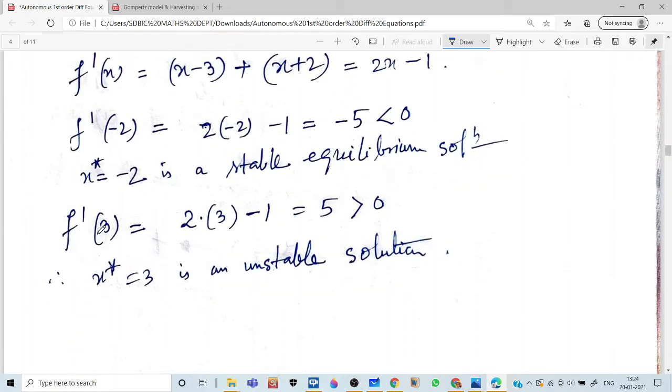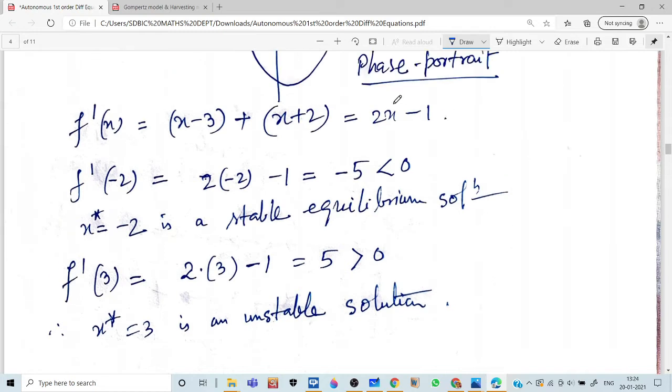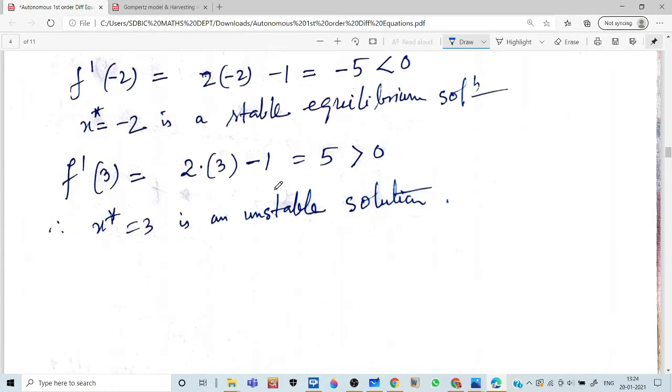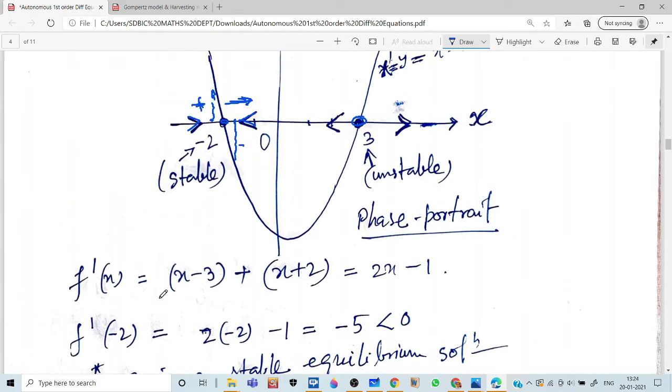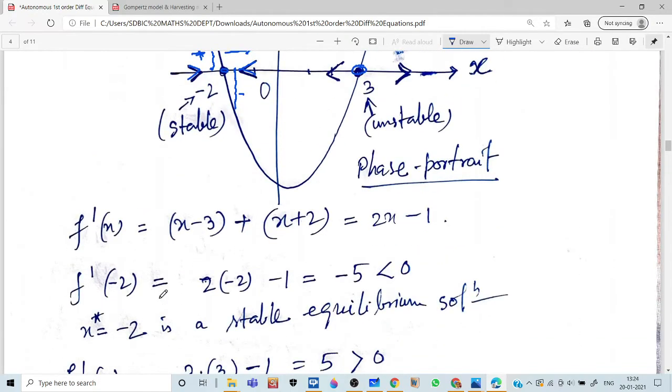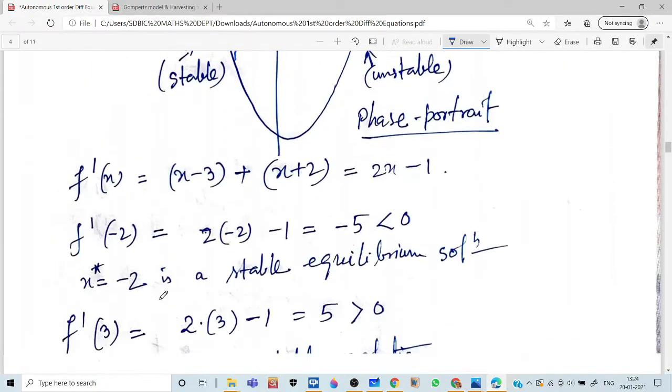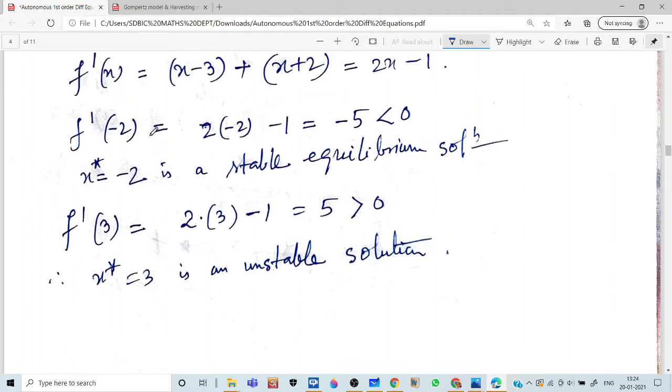And for x equals 3, find f'(3) by putting it into 2x minus 1. This is equal to 5, and f'(3) is greater than 0. When the derivative is greater than 0, that means x is monotonically increasing; when the derivative is negative, x is monotonically decreasing.